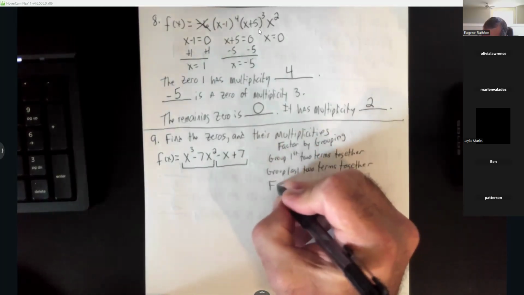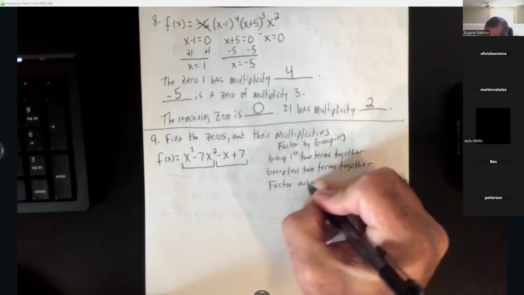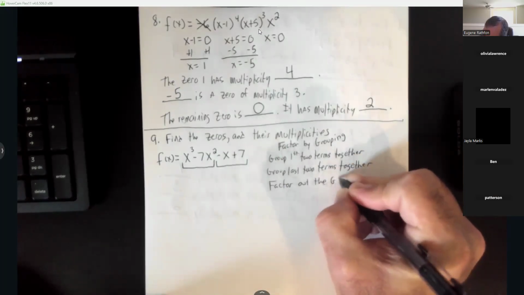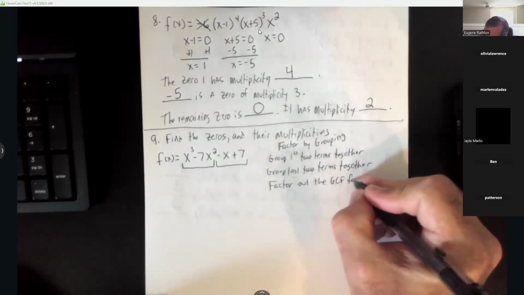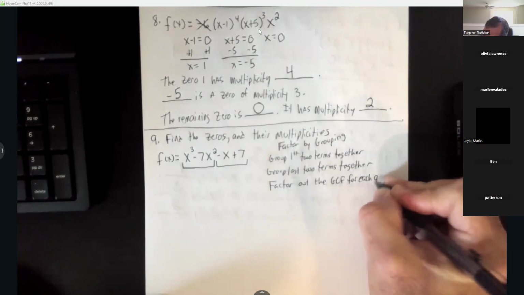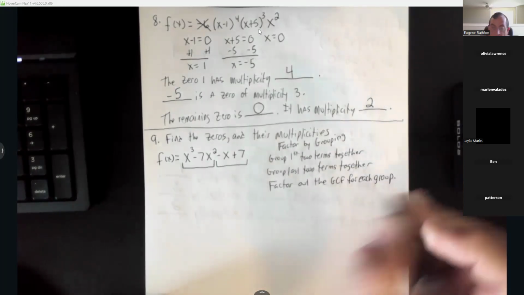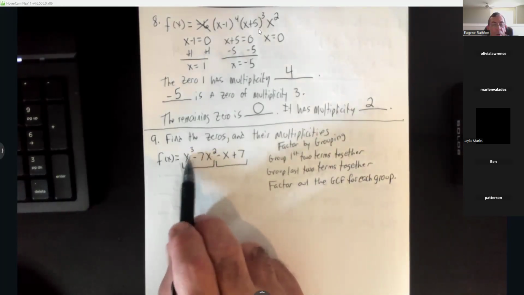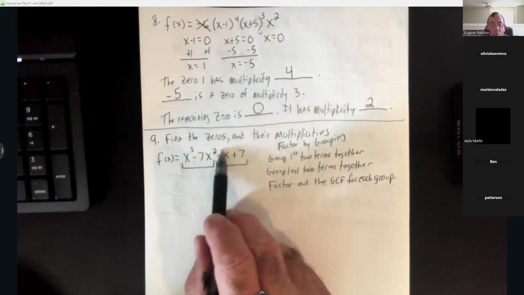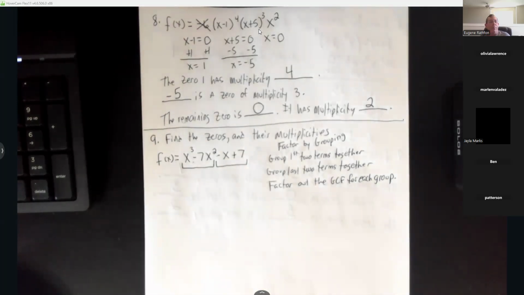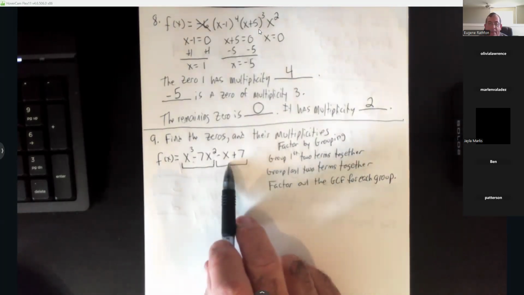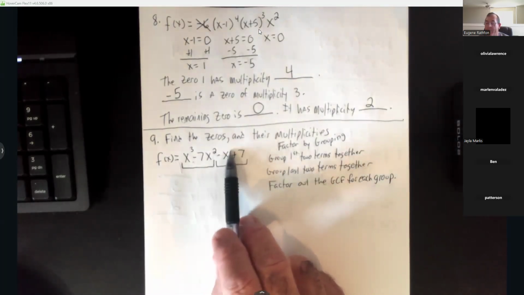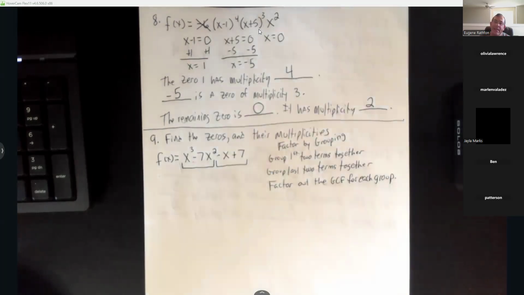Now, factor out the greatest common factor for each group. So I'm going to factor out the greatest common factor between these first 2 groups and then the second 2 groups. Now the thing about it is, on the second pair of terms, you at least got to factor out a 1, okay?